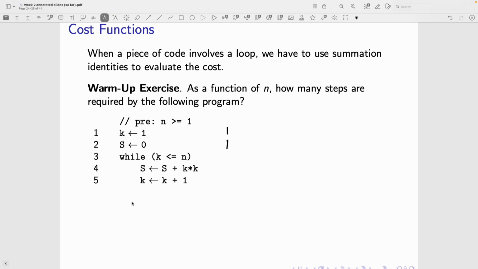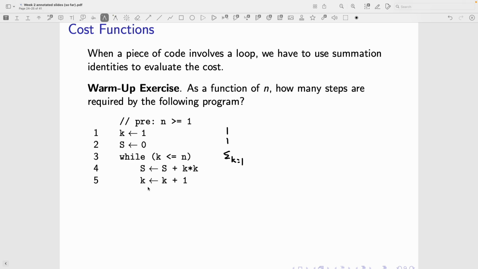And now we're going to have to think a little bit harder. K starts at 1. I'm going to draw it here. So it starts at 1.